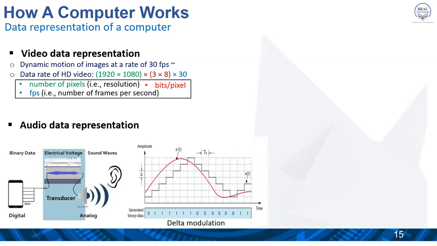And the figure illustrates the conversion techniques. Here in this figure we can also see that a delta modulation technique has been applied for converting an electrical signal into digital code.